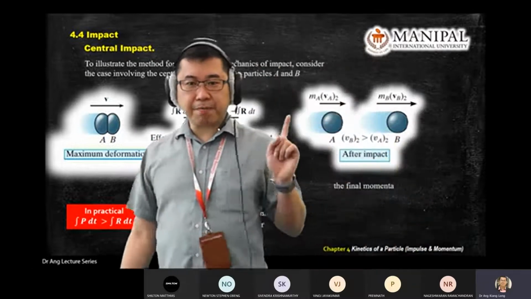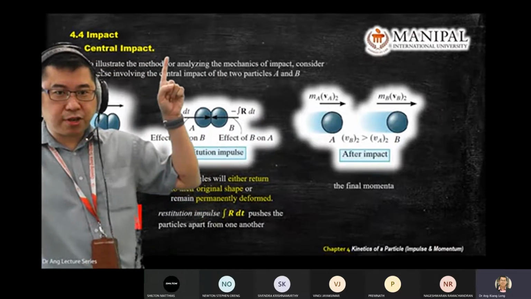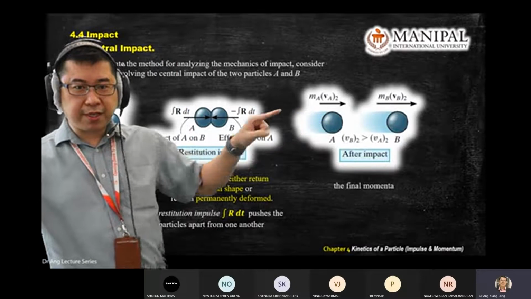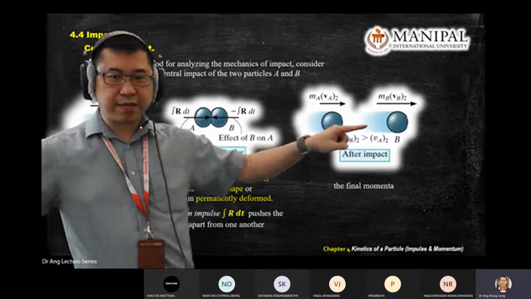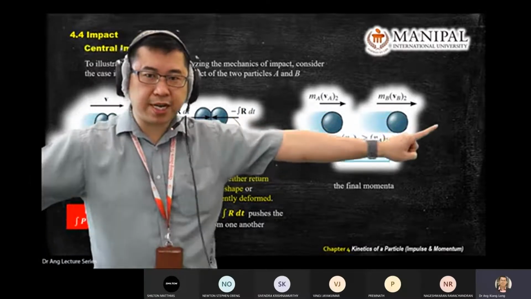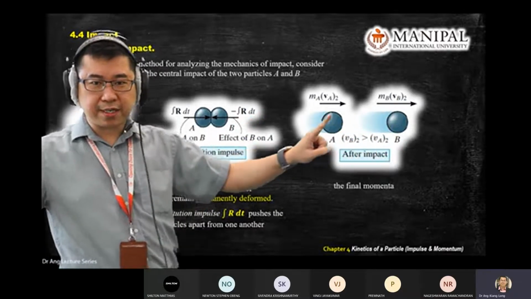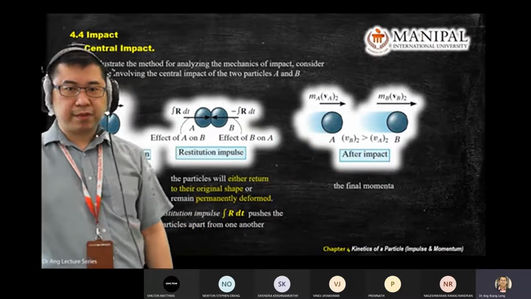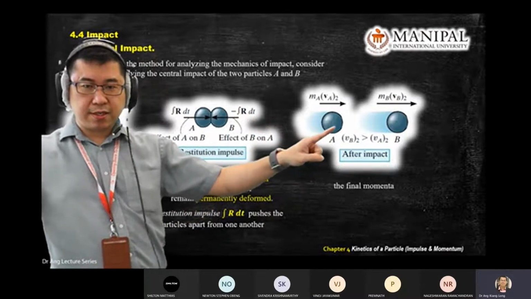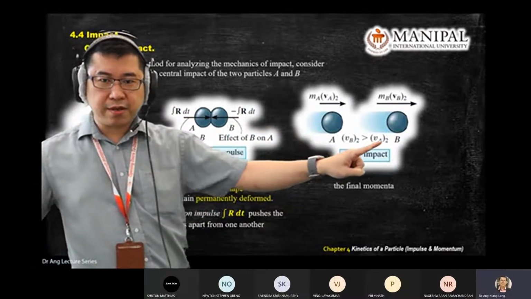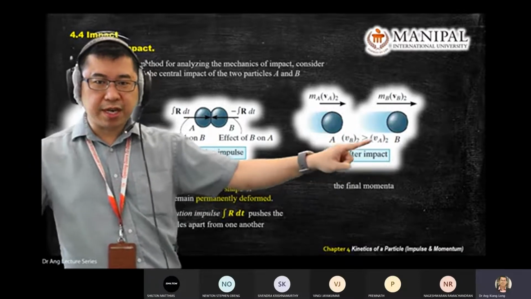Then after the impulse, we have central impact. After separation from restitution, both objects will move in a straight line, and the velocity of B will be faster than A for separation. So VB2, where 2 means after, will be larger than VA2.